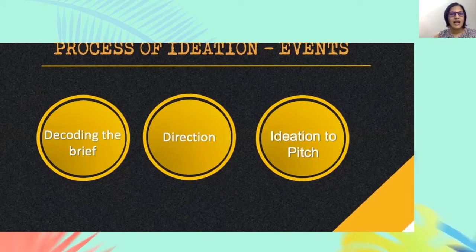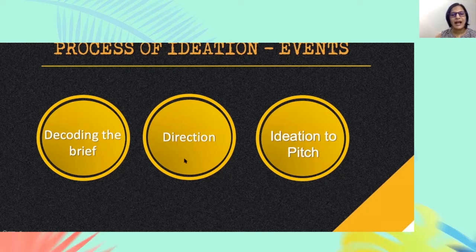So first, let's look at the process of ideation. What does event ideation entail? First, we'll get a brief from the client. I will tell you what a brief is later. After you get a brief, you will decode it. As I said, decode means to crack the brief. Once you crack the brief, you get a direction, a line of thinking.